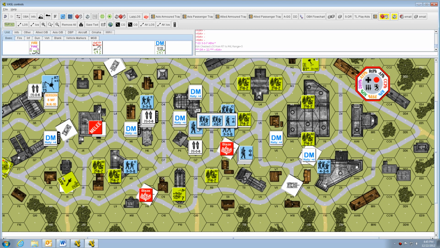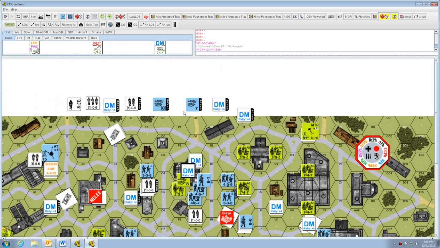The German player has not invoked no quarter or anything, such as the American player did. So the German player can accept his surrender or invoke no quarter. Basically, he decides, yeah, I'll go ahead and accept your unit. It is a full-size squad, and we'll put that in. Remember, it's just the unit that is beneath it.